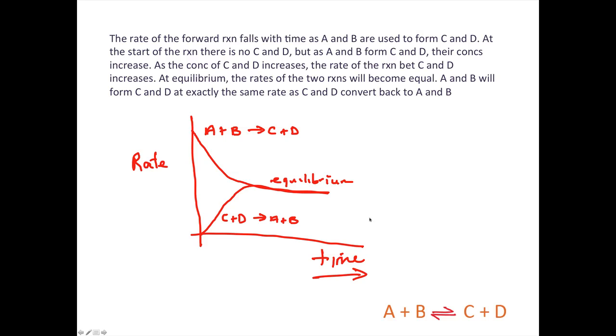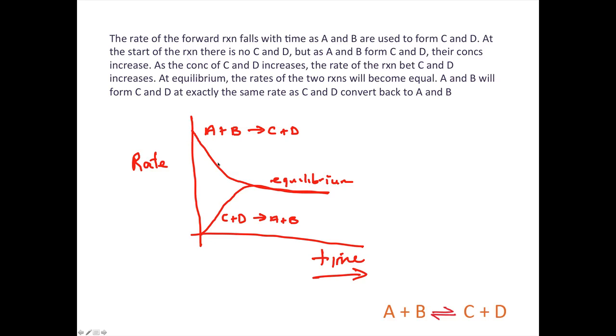So again, we are still looking at the typical reaction A plus B to give you C plus D. So the forward reaction will be A plus B to give you C plus D, and the reverse reaction will be C plus D to give you A plus B. And what we're saying is that if you look at the rate, initially there's only A and B in the reaction vessel, so their rate is going to be high at first.